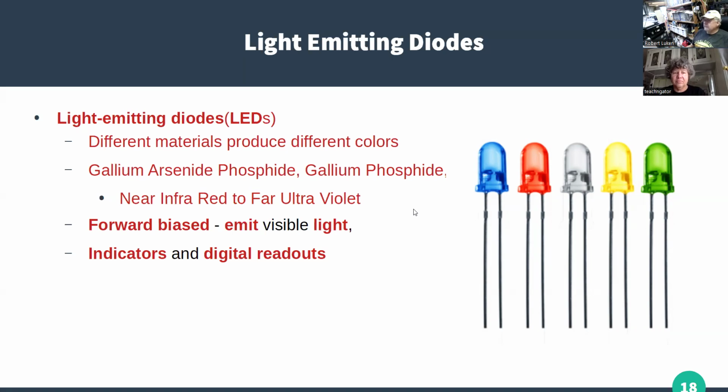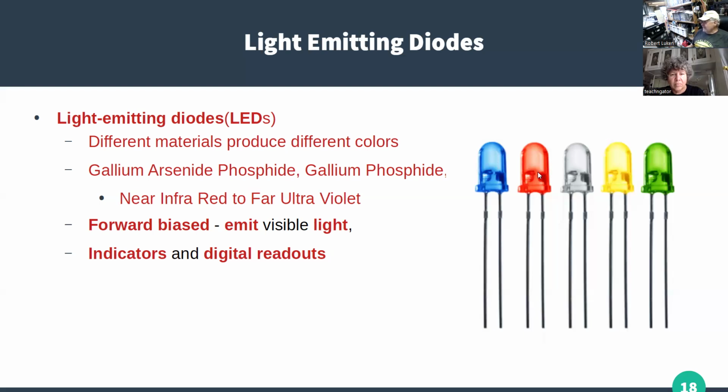but they're still diodes, and they have to be forward biased to emit visible light. And that's why they're in these kind of clear packages. In the ones shown here, the plastic that they're in is colored to affect the color of the light, but in some cases, it sort of enhances it.